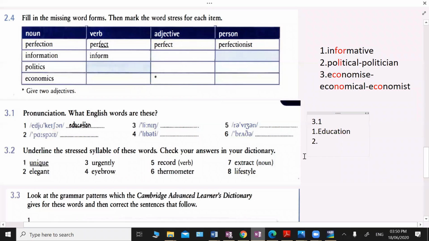Mariam, can you hear me? Because I feel the internet connection is a little bit unstable. Mariam, can you hear me? Yes, okay. Number 1 is education.